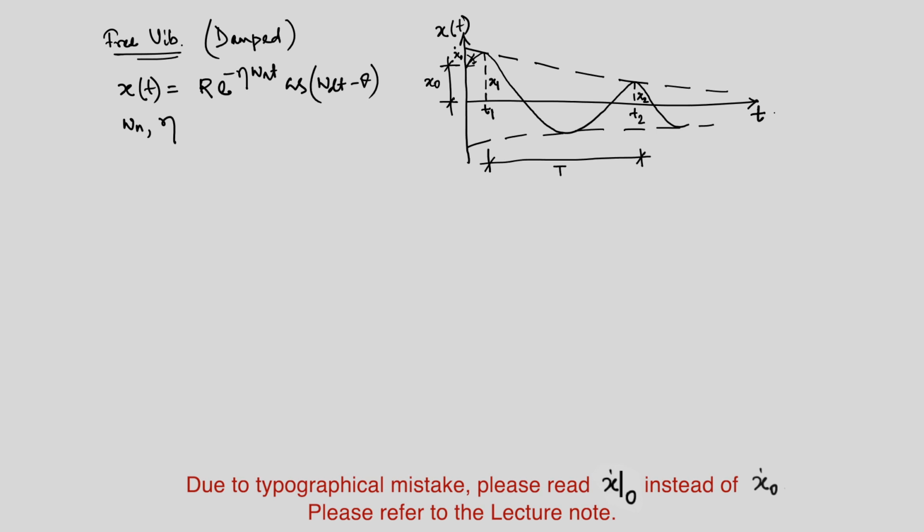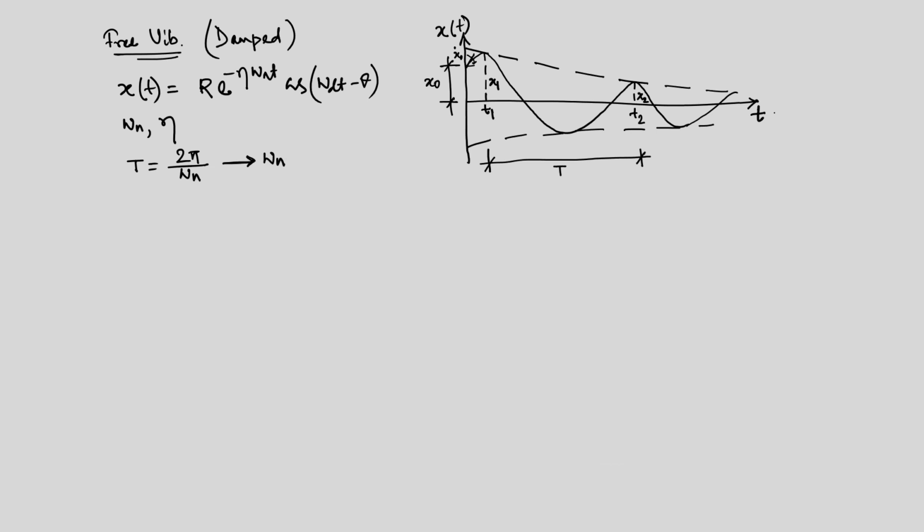So, if we can identify the time period from this measured displacement, then we know T is equal to 2 pi by omega n. From this relation we can find out the natural frequency. That is the first information we get if we have a SDOF system and if we can measure the displacement corresponding to free vibration.